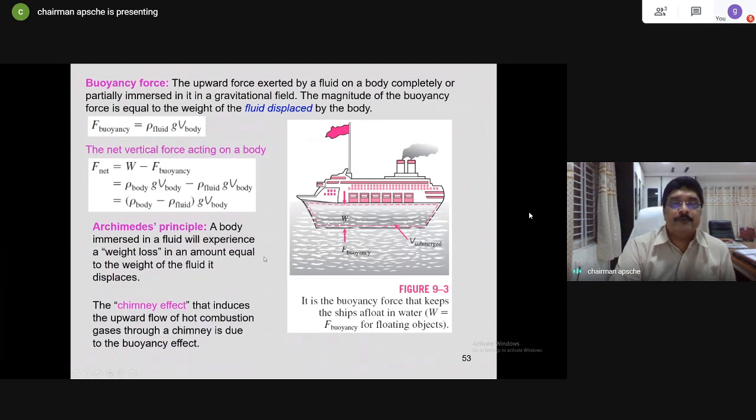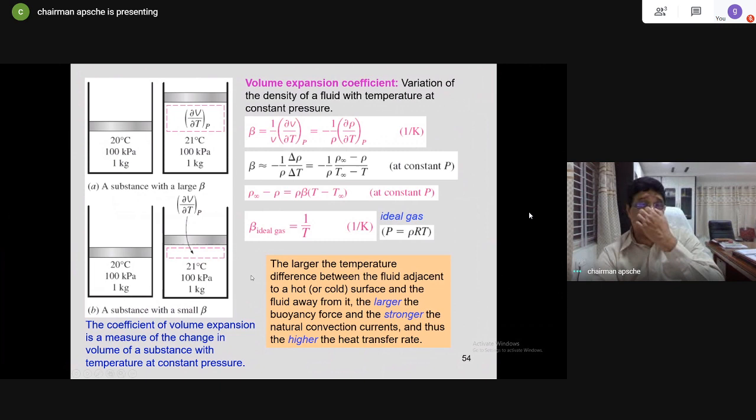So the buoyancy forces, fundamentals of physics, please go through it. And we need to talk about the volumetric coefficient of expansion. Here we come across beta. Beta for an ideal gas is 1 by T. You use the volumetric coefficient of expansion in the buoyancy force equation, and therefore it is 1 by T, where T is the temperature at which the fluid is, or the average temperature, whatever you consider.